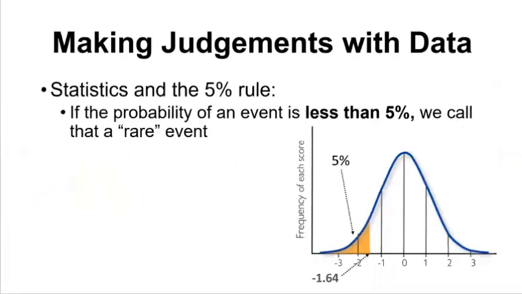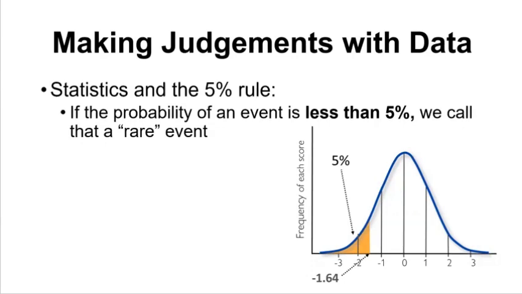Because the normal distribution is so predictable, we can reliably estimate probabilities at any point under our normally distributed curve. As we go farther away from the mean, less and less of the population are likely to achieve that score. As an estimation, around 1.6 standard deviations away from the mean represents the most extreme 5% on one side of our histogram.